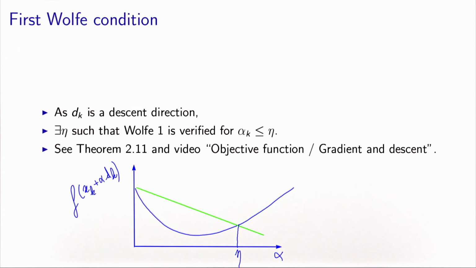Taylor's theorem guarantees that such an eta exists, and I refer you to Theorem 2.11 in the book or the video in the week on Objective Function entitled Gradient and Descent for more details about these results. So this is a known result. Good, so we have the guarantee that at least the first Wolfe condition is verified for a set of steps.